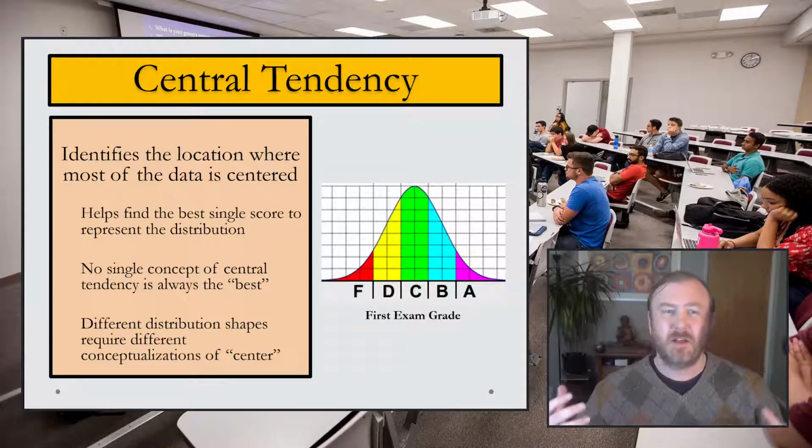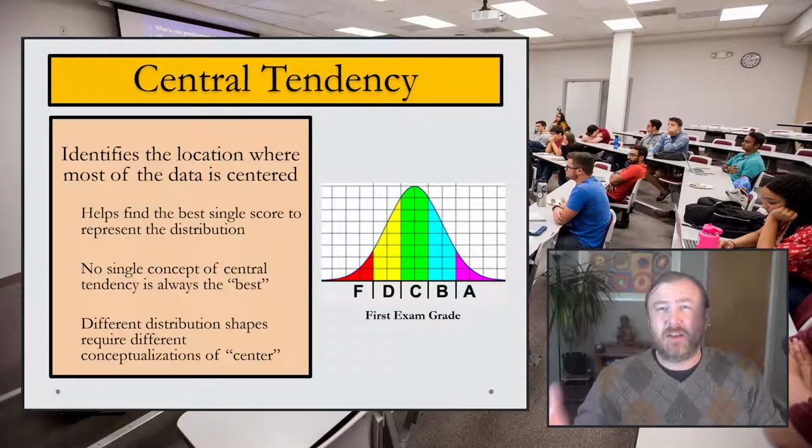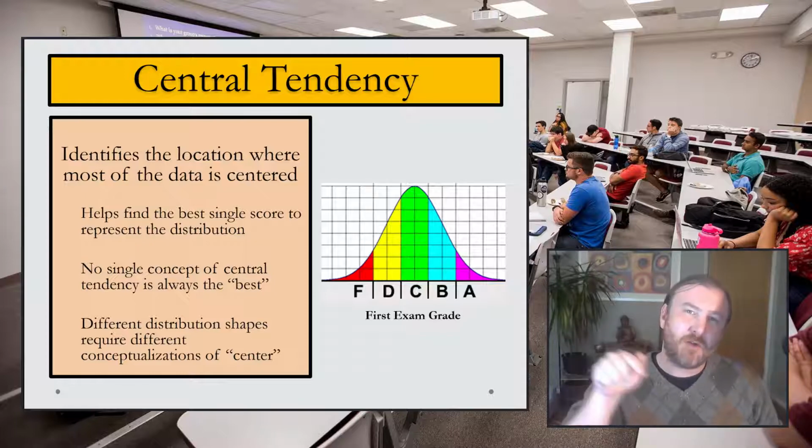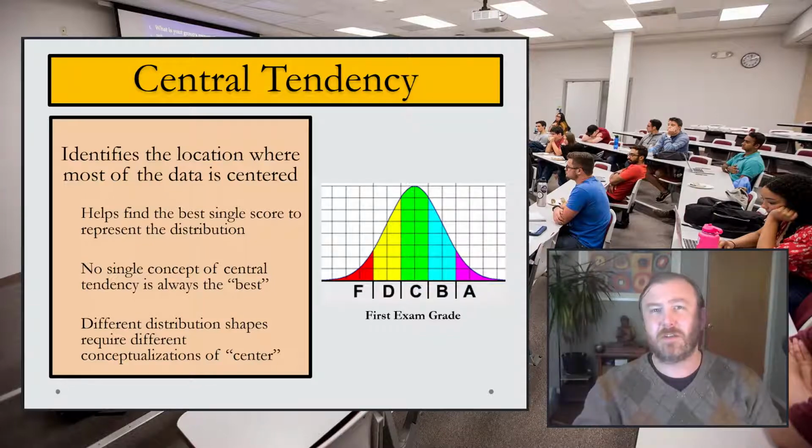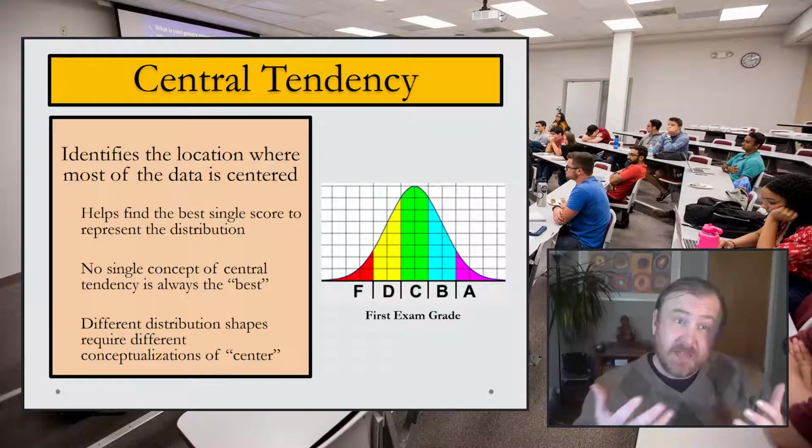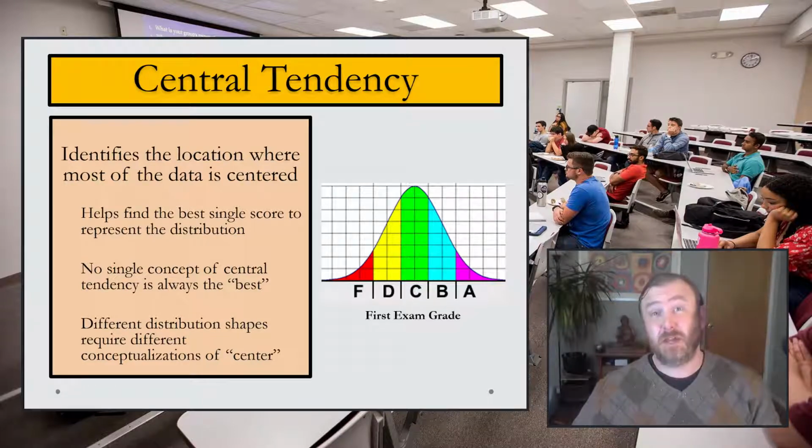You didn't know anything about them, right? Just out of thin air, if you were trying to predict what they scored on the test, what would your best guess be? Well, in this case, your best guess would be a C, because it's the most frequently occurring score, right?